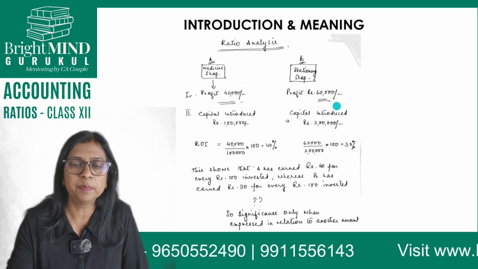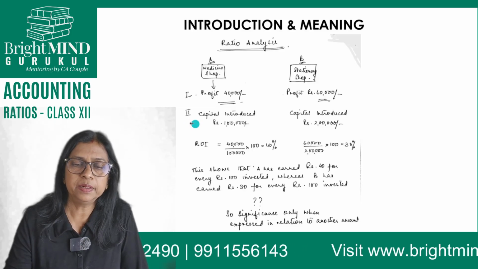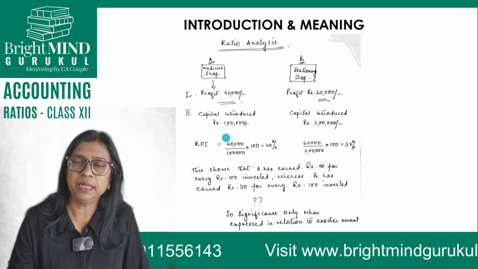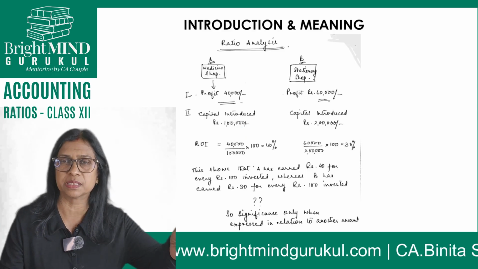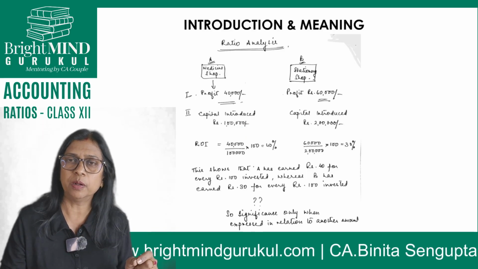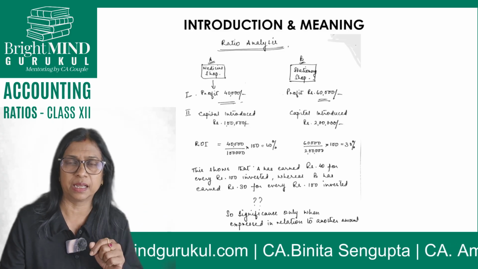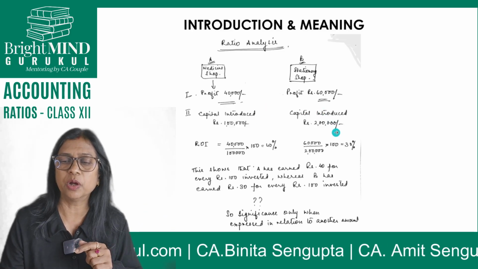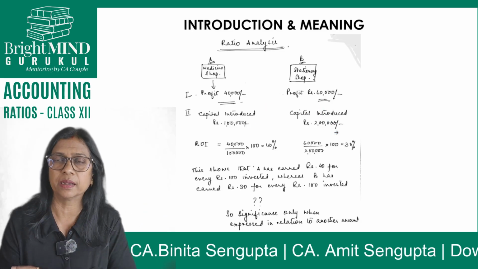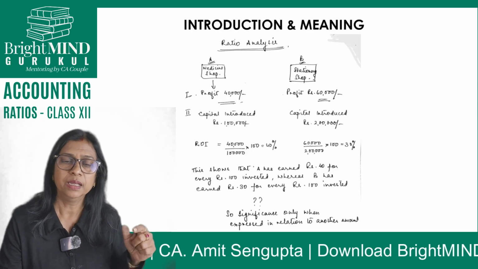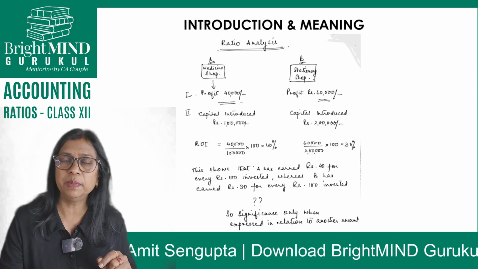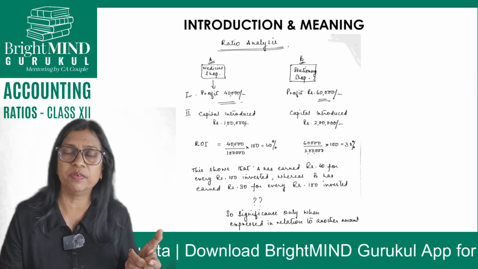How does it help? Now try to understand the capital introduced, how much each has invested in the business. The medicine shop owner has introduced 1 lakh, and the stationery shop owner has introduced 2 lakh. Now you find out the return on investment, meaning return on the amount invested.